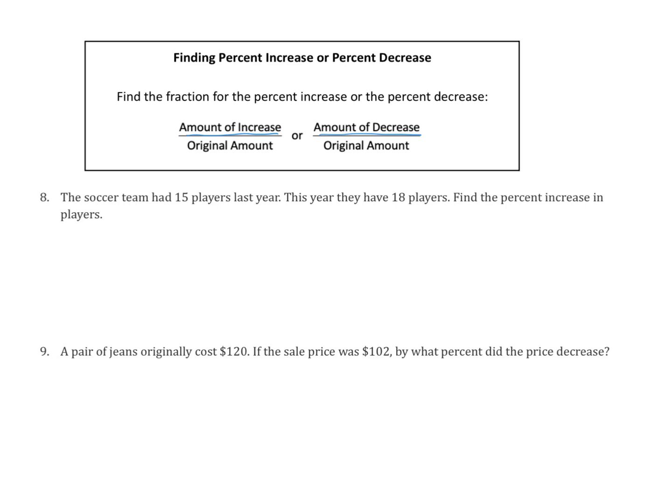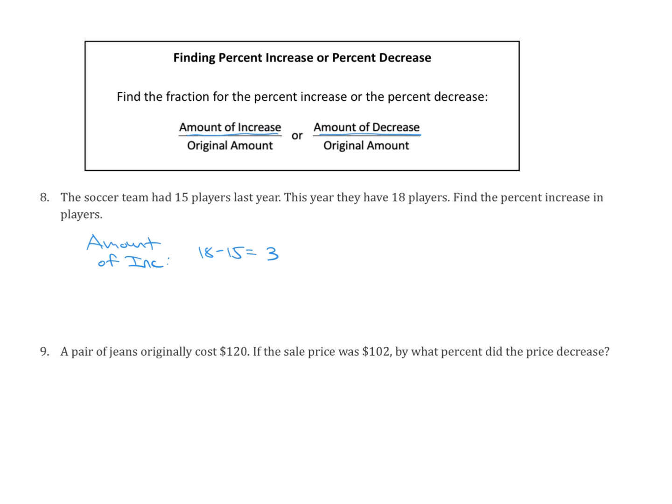The soccer team had 15 players last year. This year they have 18 players. Find the percent increase in players. So first I'm going to subtract to find the amount of, well, since it went up, amount of increase. So I just take the bigger number minus the smaller number, and it went up 3 players.